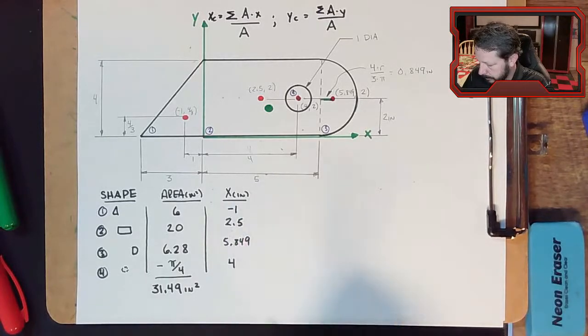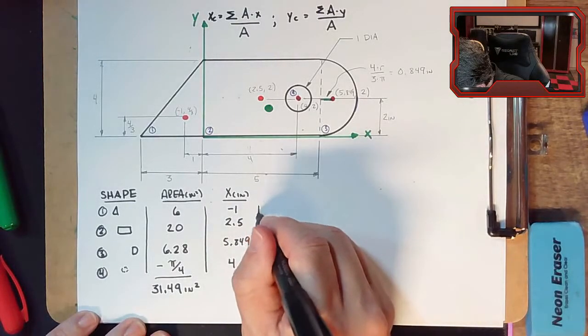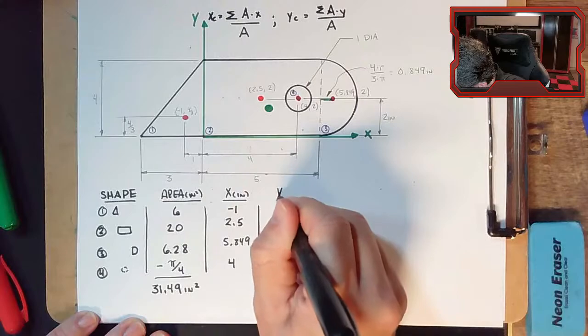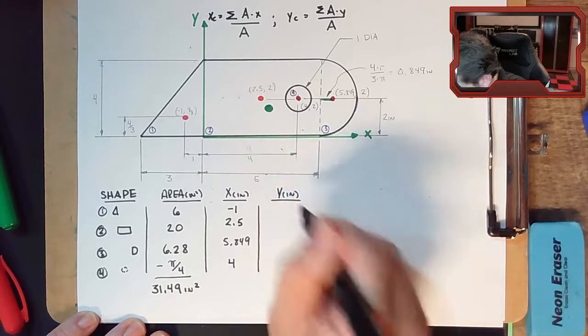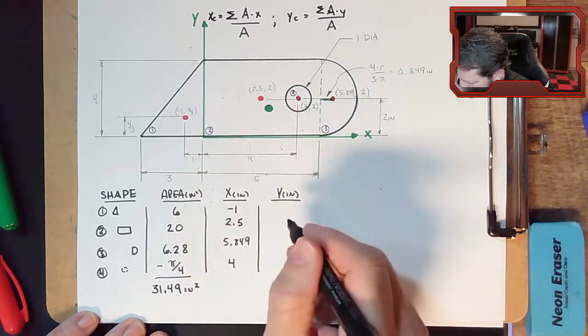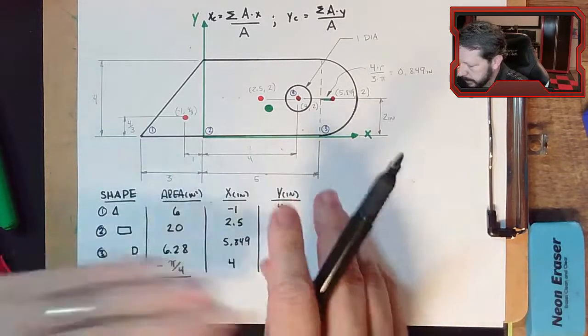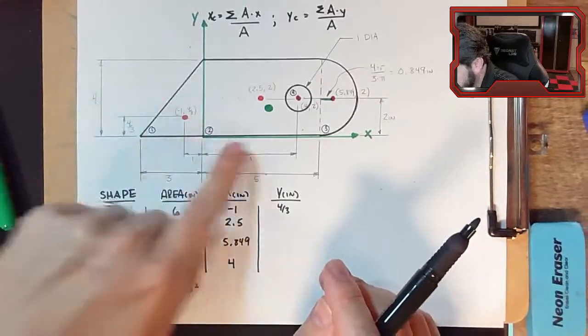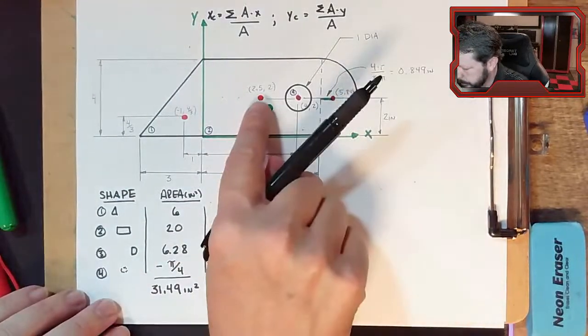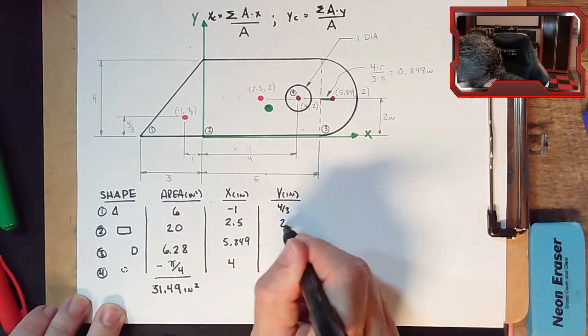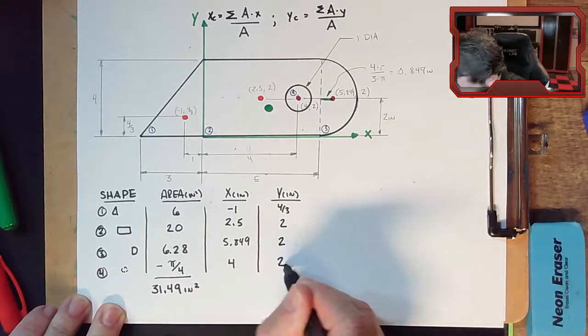So need to have that negative sign. The y coordinates, 4/3 for part 1. These are all positive, so the x-axis is at the bottom, and I have to measure upwards to get to any of these. These are all 2, 2, 2, and 2, so that's easy.